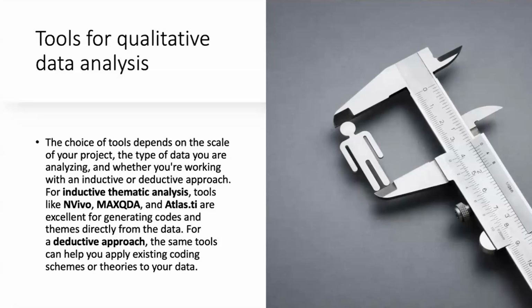These tools can also be useful when using a deductive approach. It's important that you are familiar with how to use these platforms to make adequate use of them, because otherwise it might be challenging when managing, generating codes, and leading up to your themes.